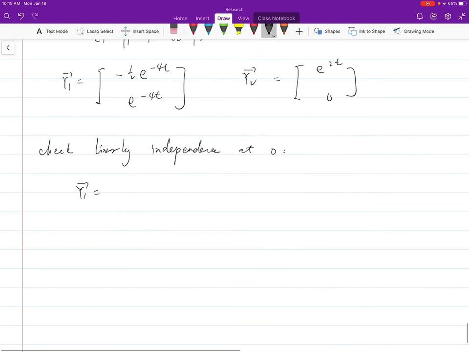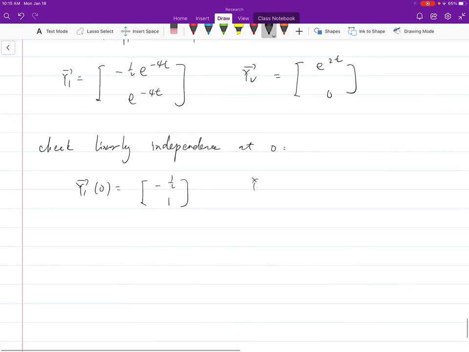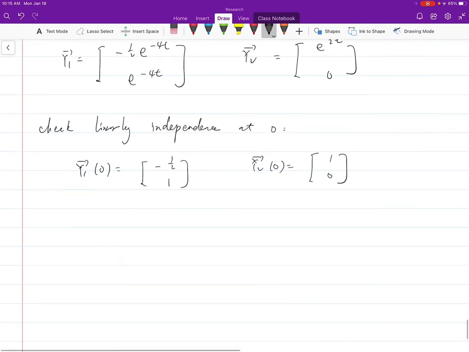So we have y1(0) equals (-1/2, 1), and y2(0) equals (1, 0). You can check it by definition, but from here you can easily see there's no way you can write this one as a linear multiple of this, because no matter what you do, the bottom cannot be 0. Okay, so they are linearly independent.